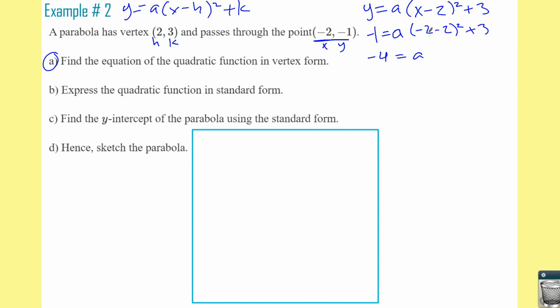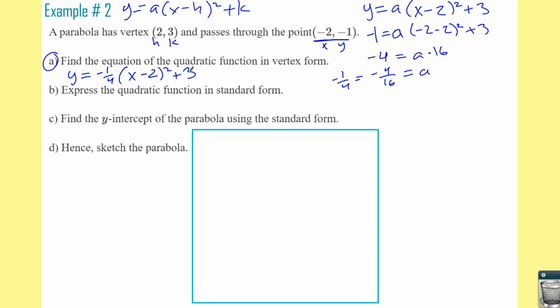And so then we get a times, well, -2 minus 2 is -4. -4 squared is 16. So a is -4 over 16, which is -1/4. So the equation in vertex form is -1/4 times (x minus 2) squared plus 3.